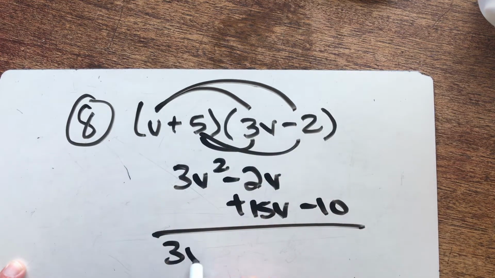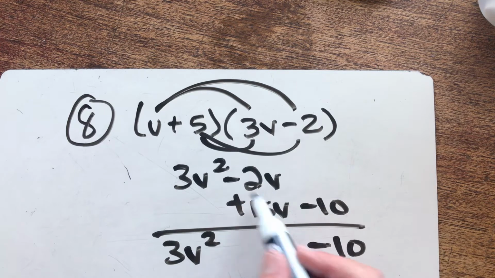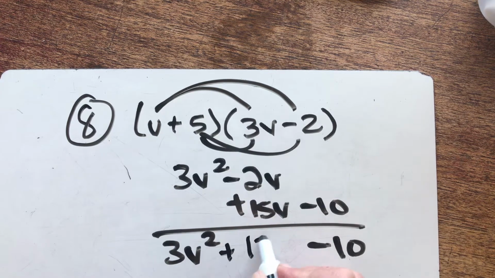I know the first term and the last term, nothing fancy's happening there. But in the middle, I do have to be careful because we have those common terms, those like terms. So negative 2, go forward 15, or you could think of it as 15 take away 2, plus 13v.